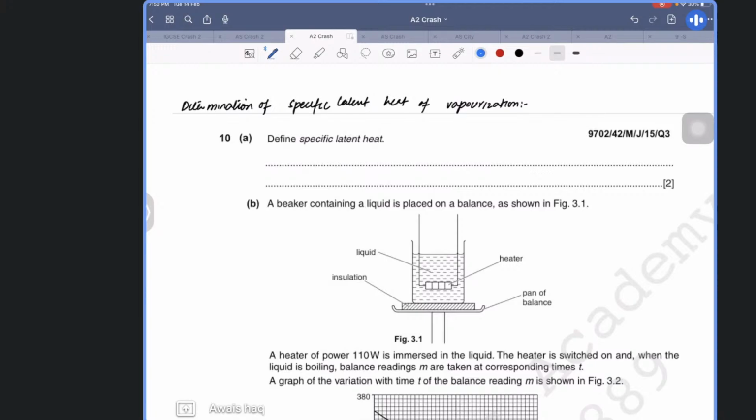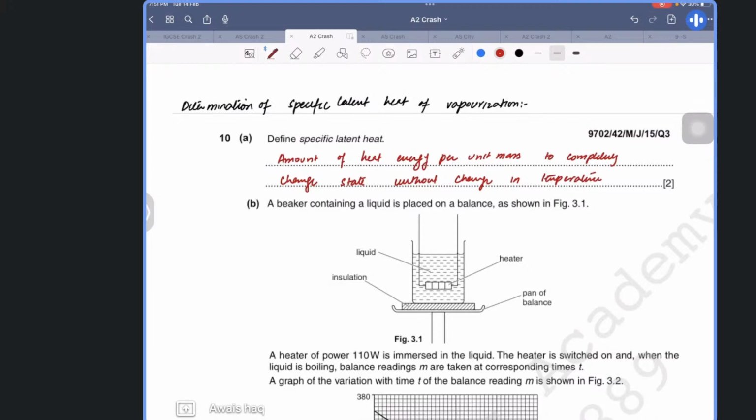You're going to write: it is the amount of heat energy per unit mass, because it is specific, per unit mass to completely change state without change in temperature. So that is how you're going to get 2 marks for this.